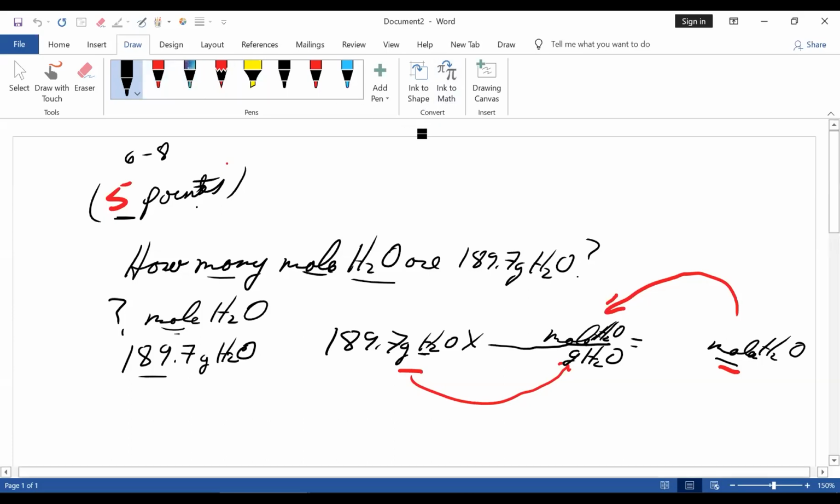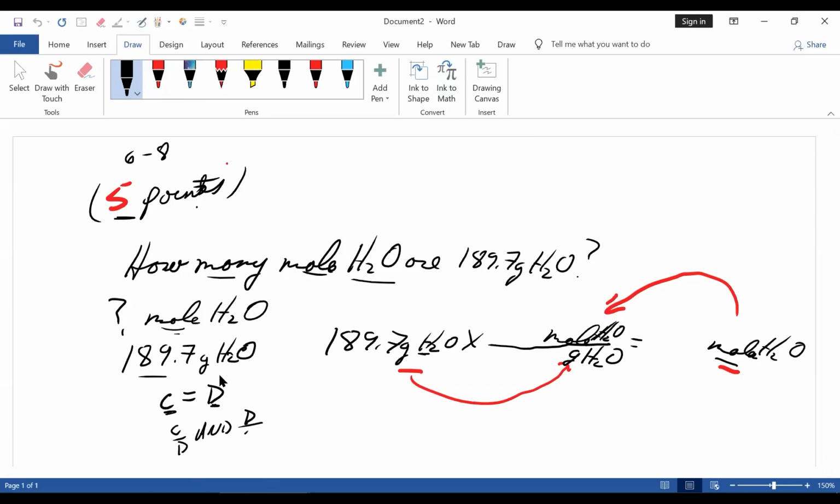Where do we find a ratio dealing with moles of water and grams of water? Let me just remind you, when one thing equals another, you can have two ratios: C over D and D over C, which brings us back to this.